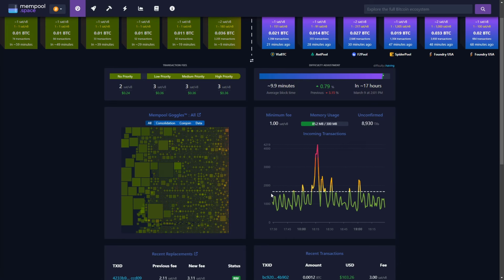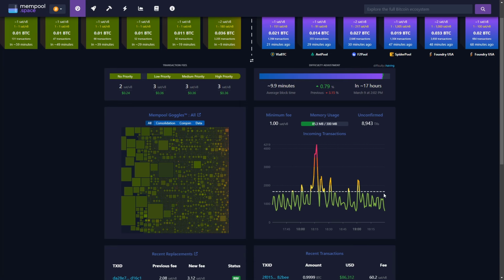And this white bar here represents the amount of transactions that would need to be coming through for it to fully fill a block within 10 minutes. So right now, there's actually less transactions coming through than what's needed to fill a block in 10 minutes.